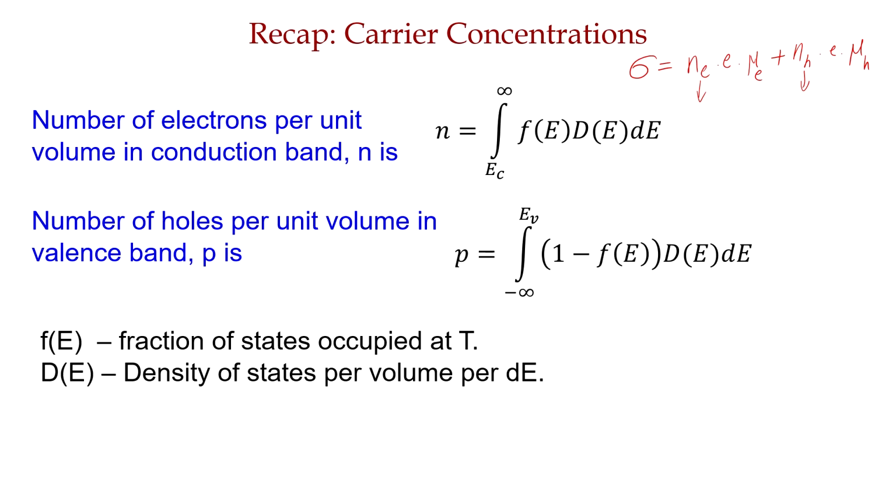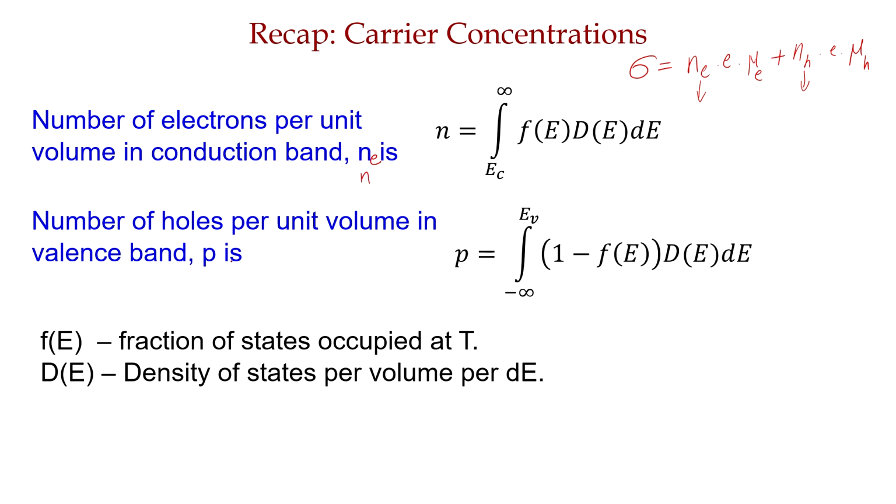So there are two types of carriers in intrinsic semiconductors, as we saw. First is electron, second is hole. Electron is the charge carrier in the conduction band and hole is the charge carrier in the valence band. So number of electrons per unit volume in the conduction band is Ne, sometimes also written as n.